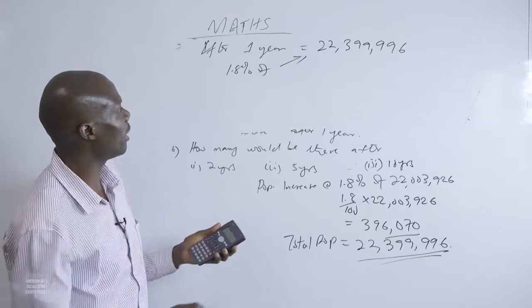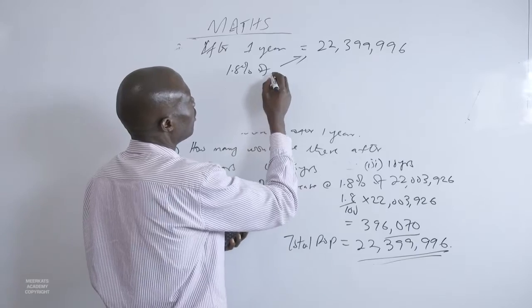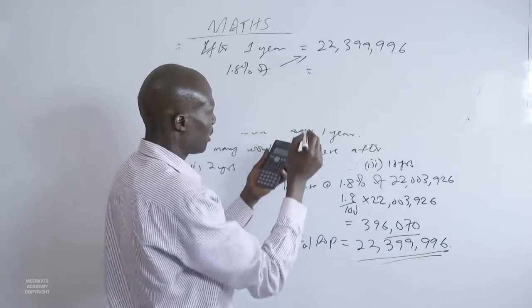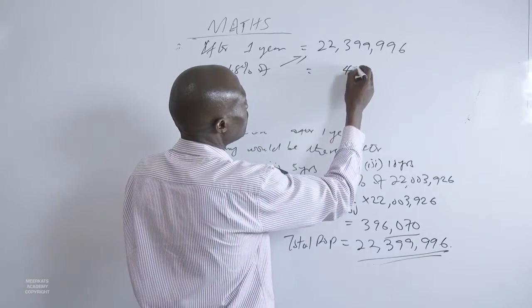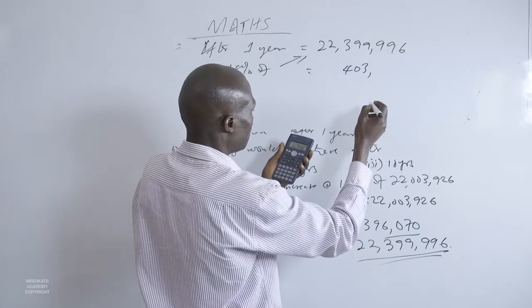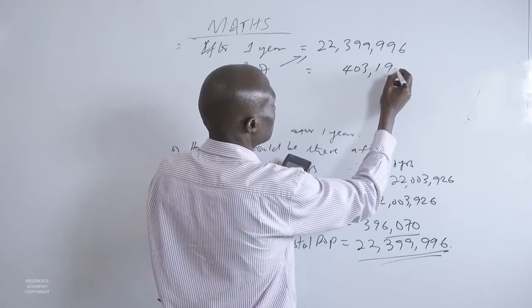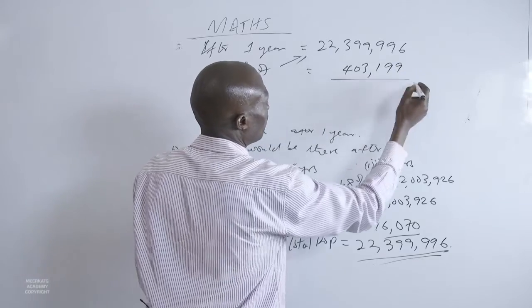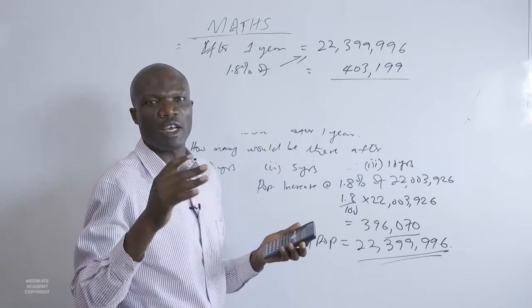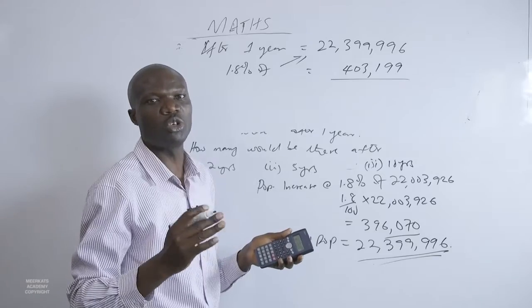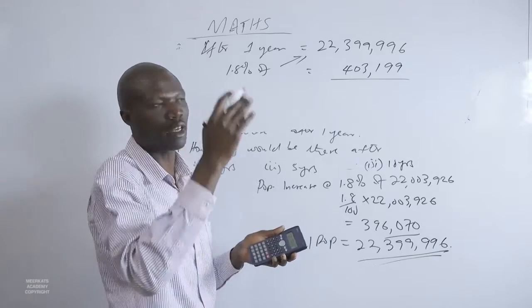So in the second year, the population would increase by 403,199. These are human beings, we don't round off upwards, we just truncate.